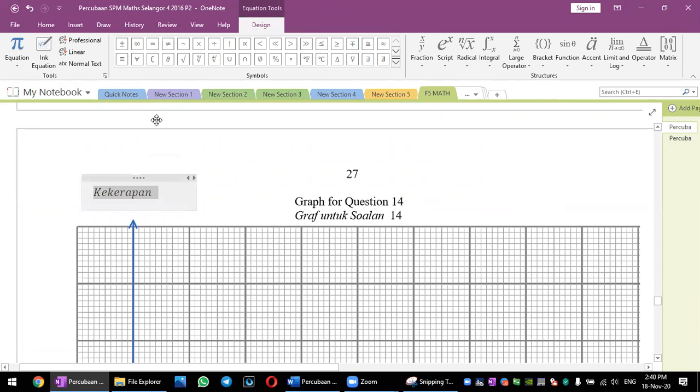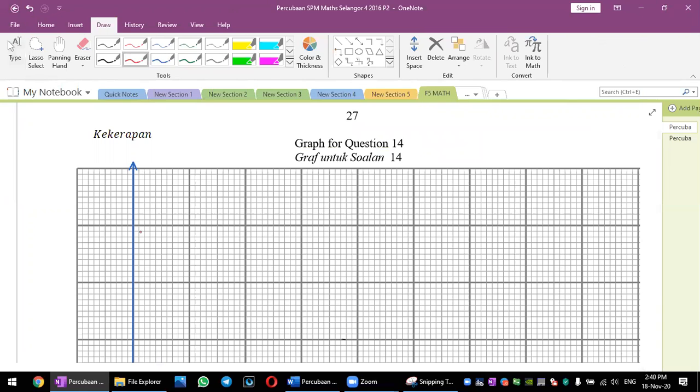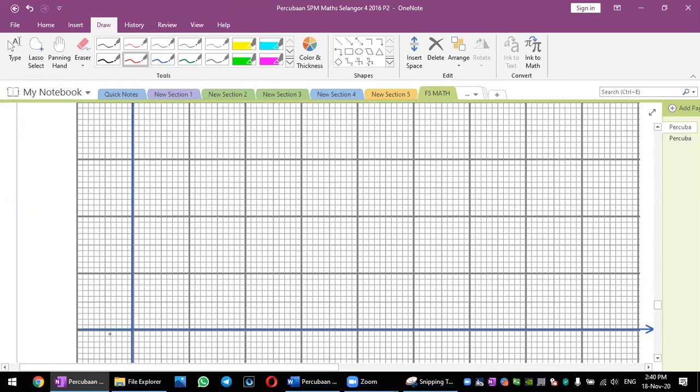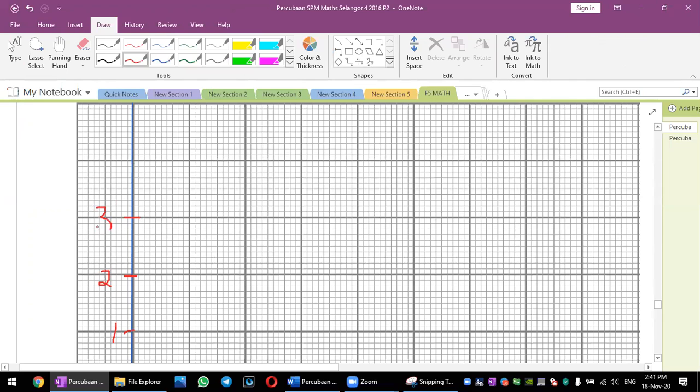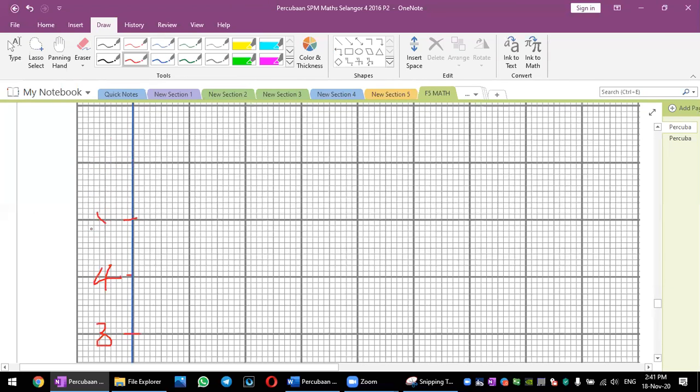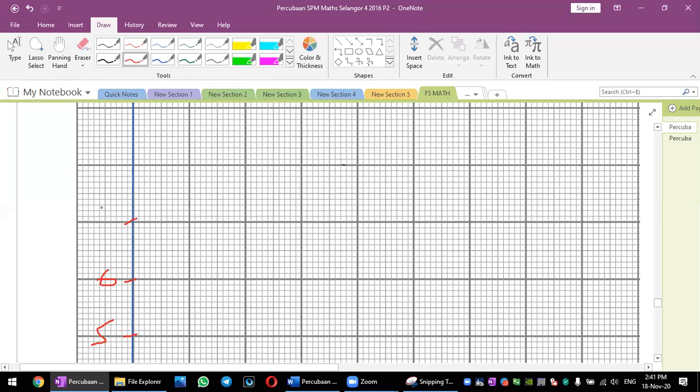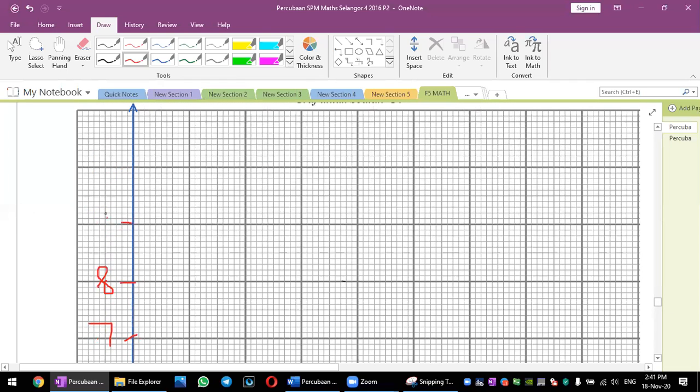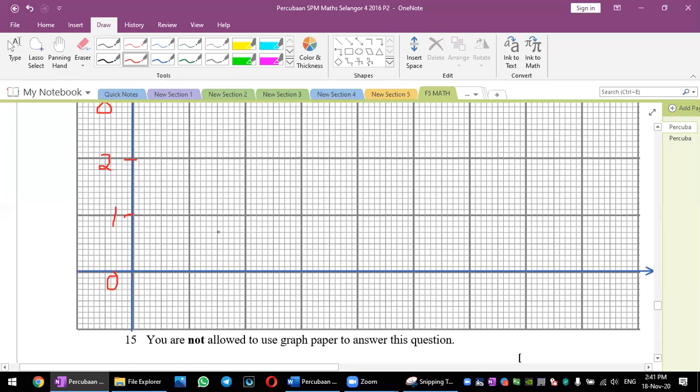So, kekerapan yang kamu kena label 2 cm 1 unit. So, here is 0, 1, 2, 3, 4, 5, 6, 7, 8, 9, 10.